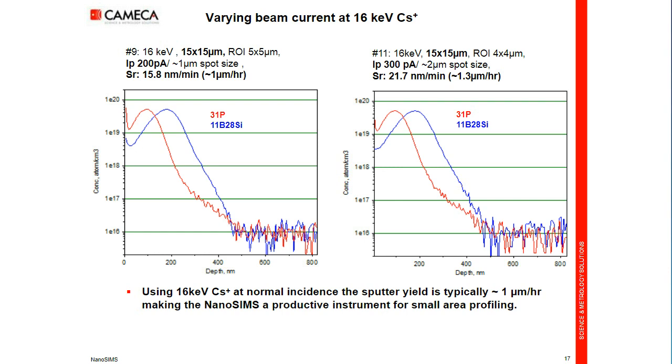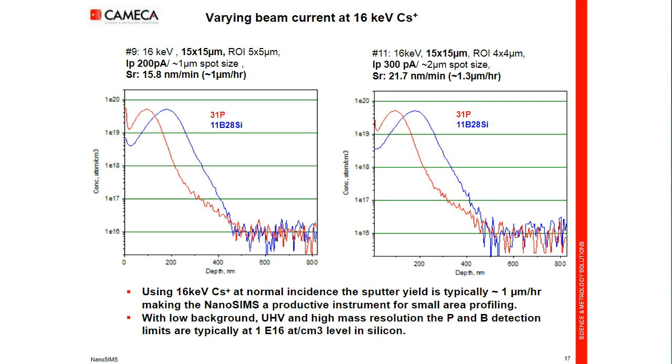And this is achieved despite the fact that we use maybe 1,000 times less beam current compared to conventional SIMS instruments. This is due to the high transmission of the NanoSIMS. Second point, it is important to mention that the NanoSIMS works with a very good vacuum, ultra-high vacuum, so the low 1e-10 millibar, and always at high mass resolving power.